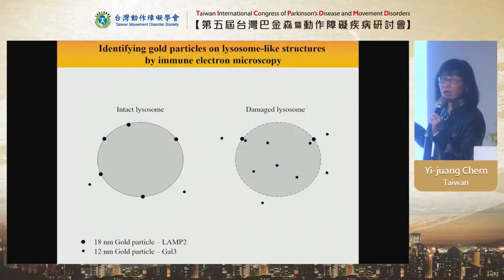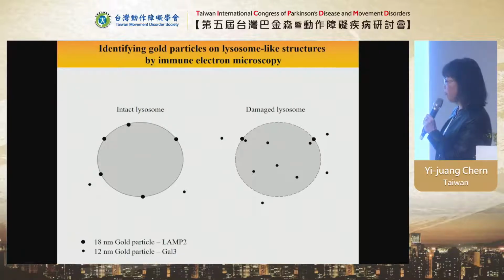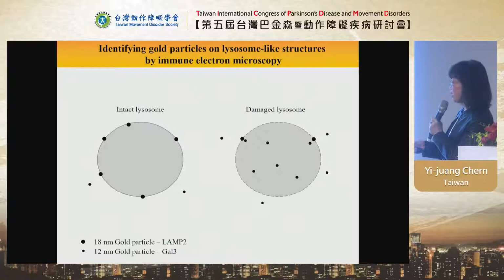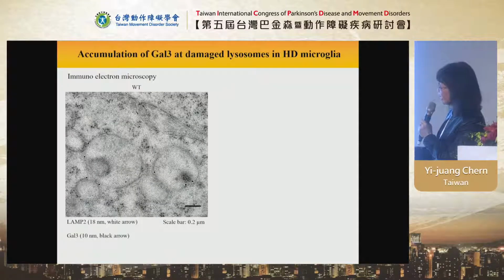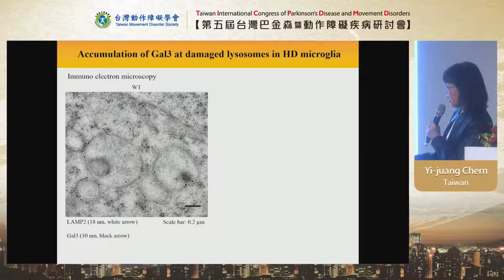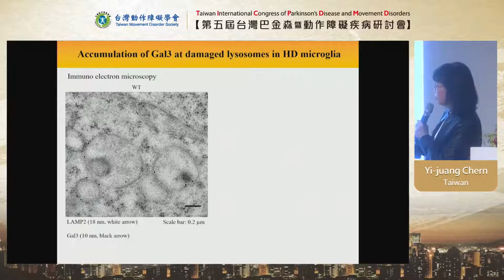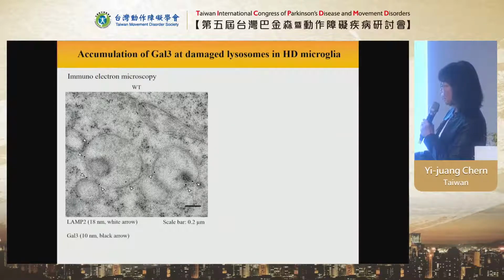When we were trying to submit this for publication, our reviewers actually were not happy about it. They asked that we should also do EM. So this is just one example where we are using EM to look at two things, LAMP2 for lysosome and galectin-3, for their colocalization. So in wild type, here is the lysosome, and there isn't much galectin-3.